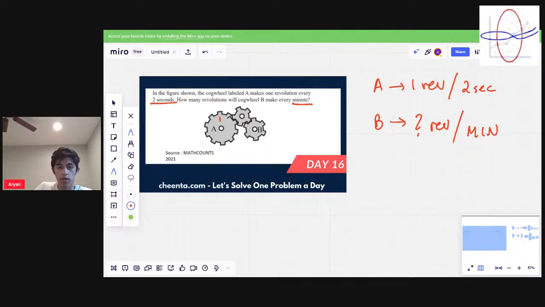There's 1, 2, 3, 4, 5, 6, 7, 8, 9, 10. So A has 10 pegs. And this middle one that doesn't have a letter has 1, 2, 3, 4, 5. So it has 5 pegs.